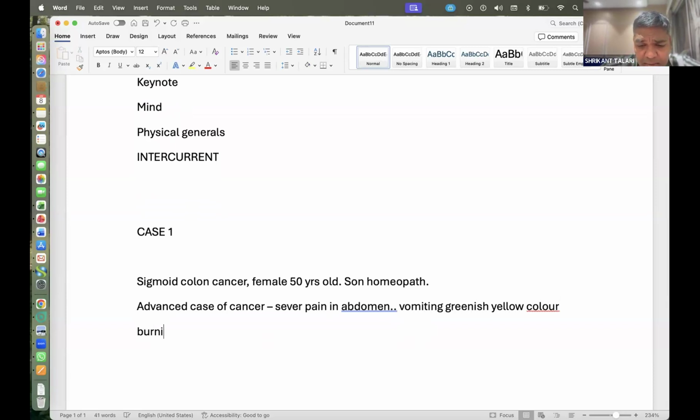There is burning pain in the abdomen, which is better by vomiting, or by warm drinks, or by warm fomentation.